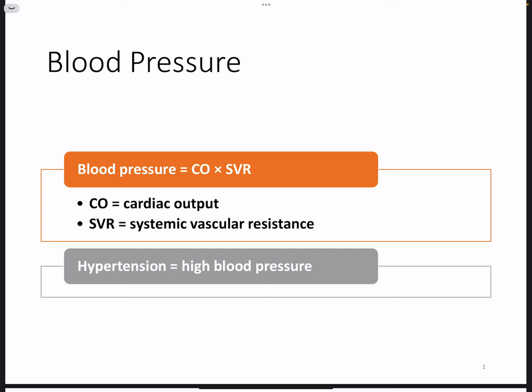Sometimes you will also find patients with pulmonary hypertension due to the lungs, or hepatic or portal hypertension. But mostly you will deal with patients suffering from primary or essential hypertension, and the drugs that we are discussing are basically for primary or essential hypertension.